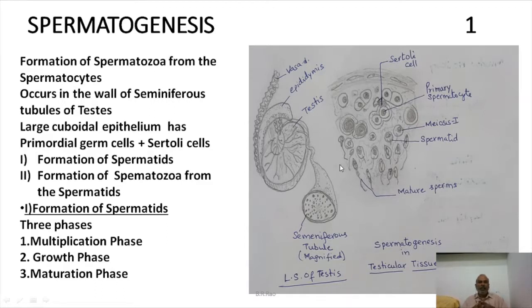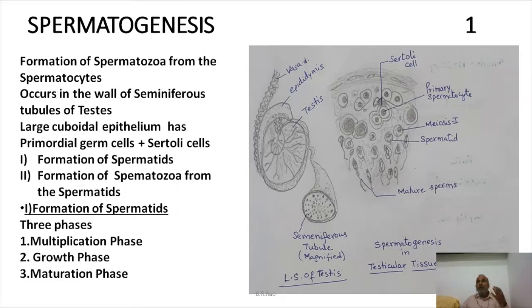But friends, understand that spermatogenesis can be studied under 2 headings for our convenience. One is formation of spermatids. From the primary spermatocyte, after reduction division, 4 cells are formed.